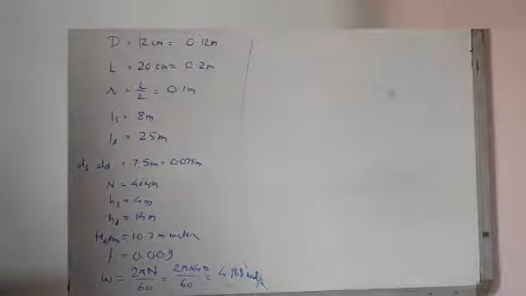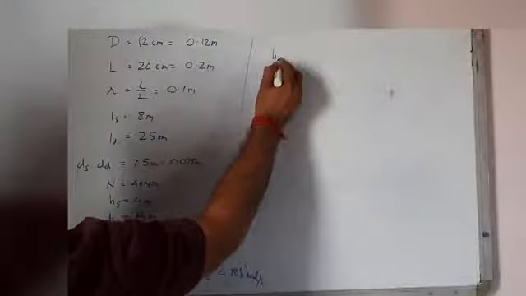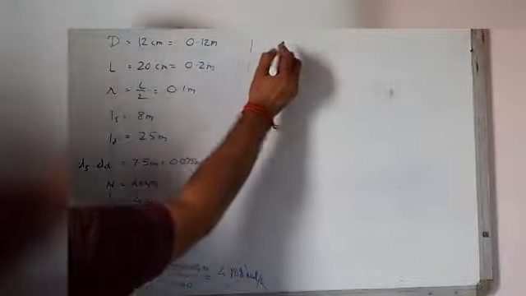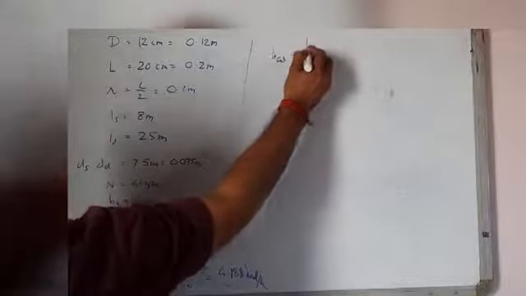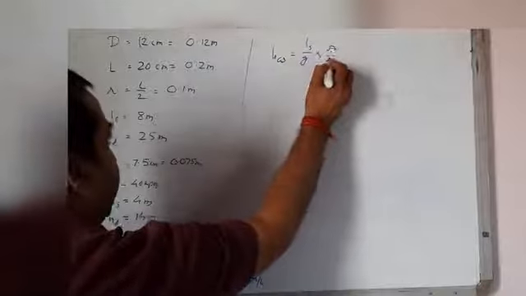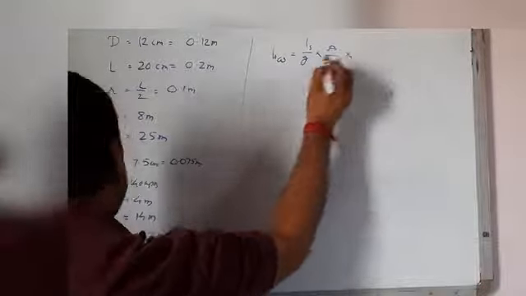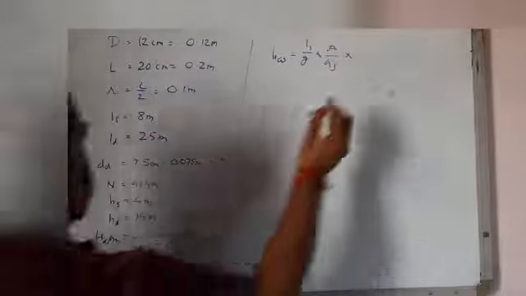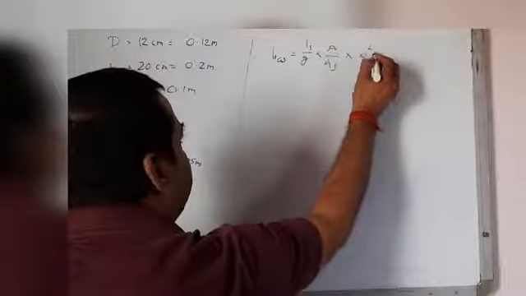Now HAS, the pressure head due to acceleration in suction pipe is obtained from the equation HAS equal to LS by g into A by AS into omega square r cos theta.